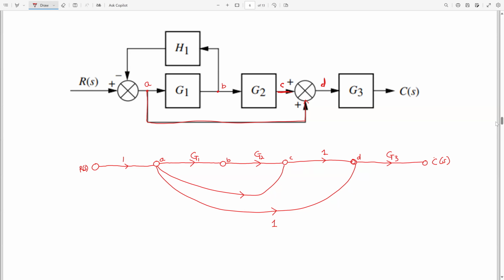So if you do something like this, you are trying to connect the node A to node C. You are trying to say that the signal on this node, which is signal C, is the output of the summing junction, which is not right in a way. So you somehow have to shine your eyes when you are doing these things. Okay. And let me clean this one. I'm going to say it one more time. We have connected this signal from node A to the node D, because node D is the output of the summing junction here.